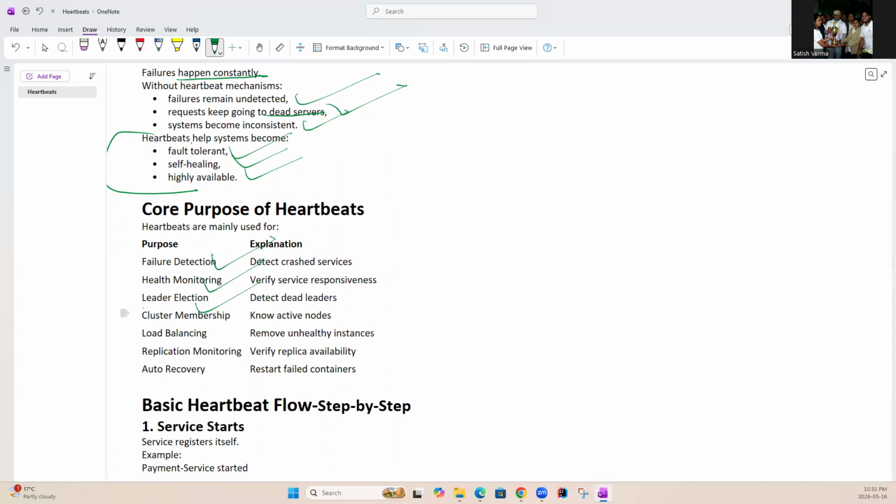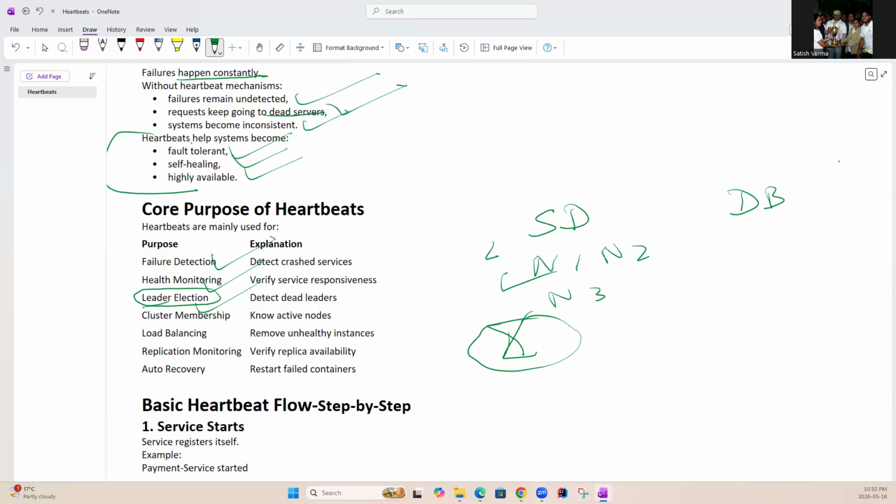Leader election is a very, very important concept on the server side and database side. Okay, we have node 1, node 2, node 3, and a leader node. If the leader is not working, node 1 or any node will become leader.